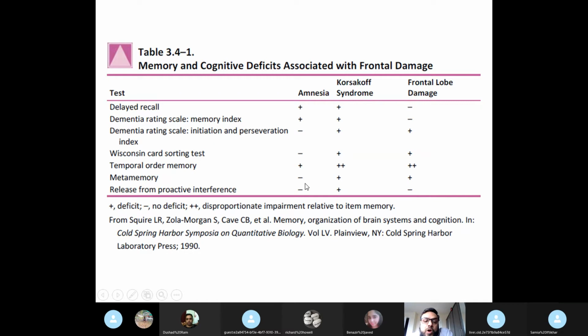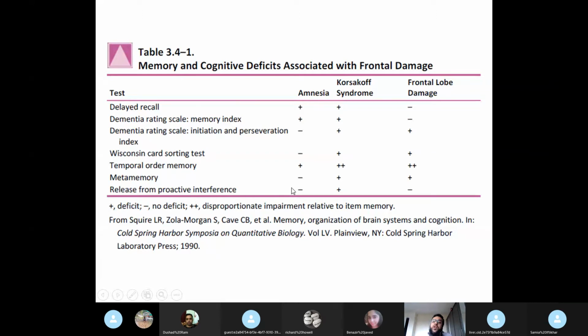Release from proactive interference again relates to the insight. In amnesia you don't see that, and in Korsakoff you can see release from proactive interference.